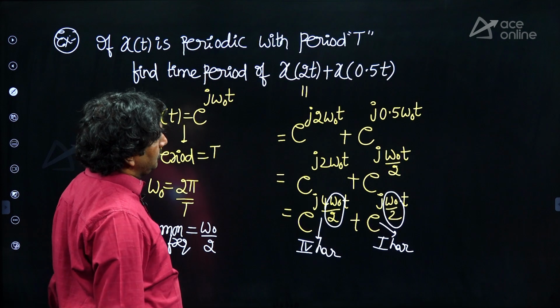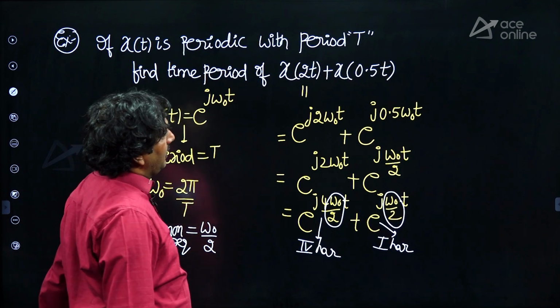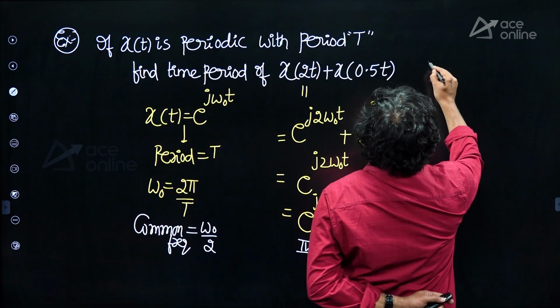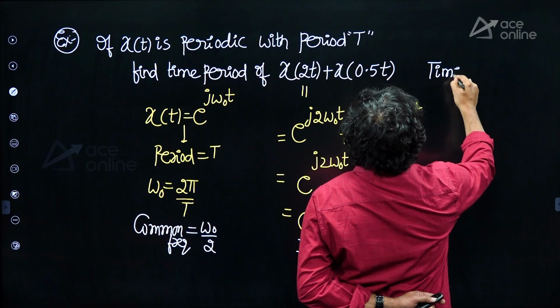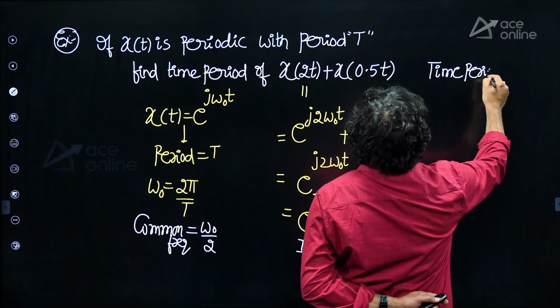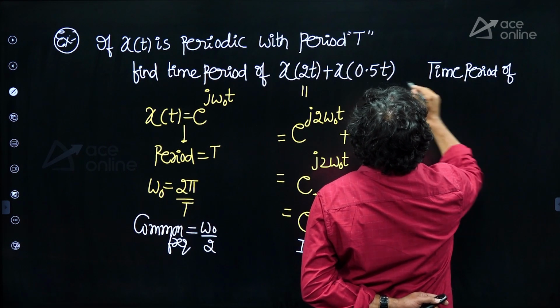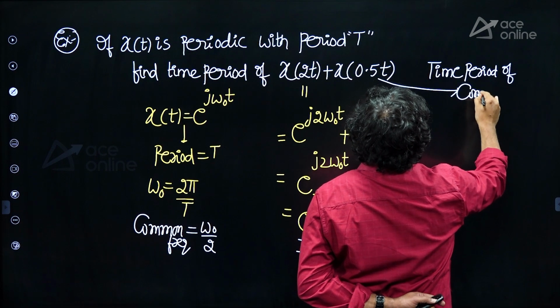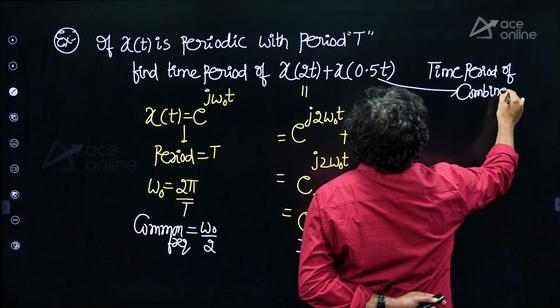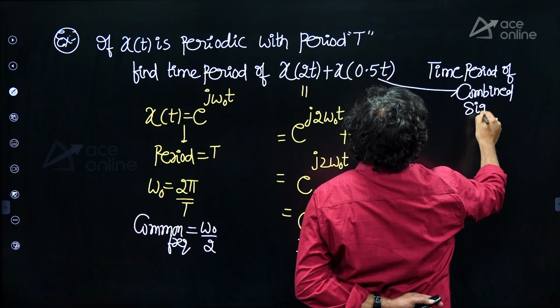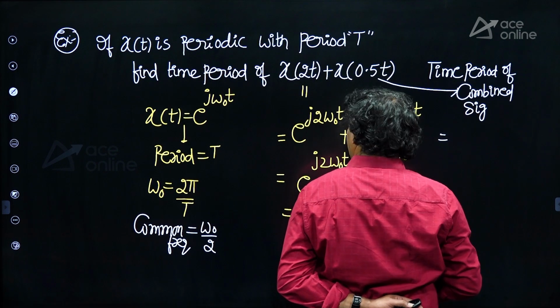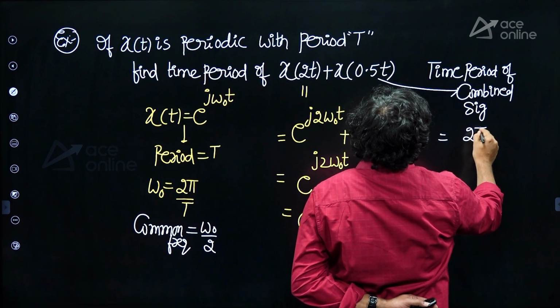So what is the time period of the combined signal? 2 pi by omega naught.